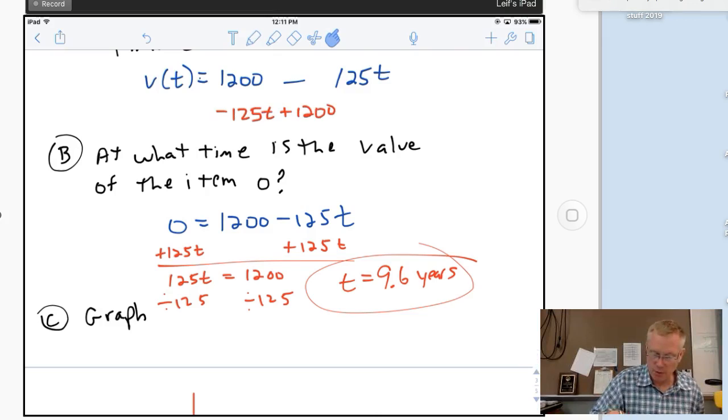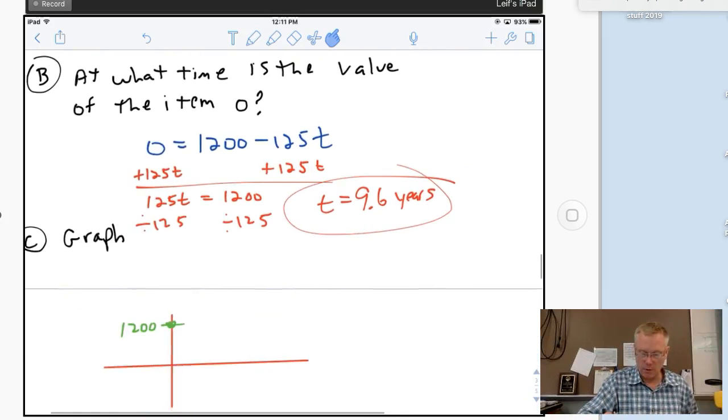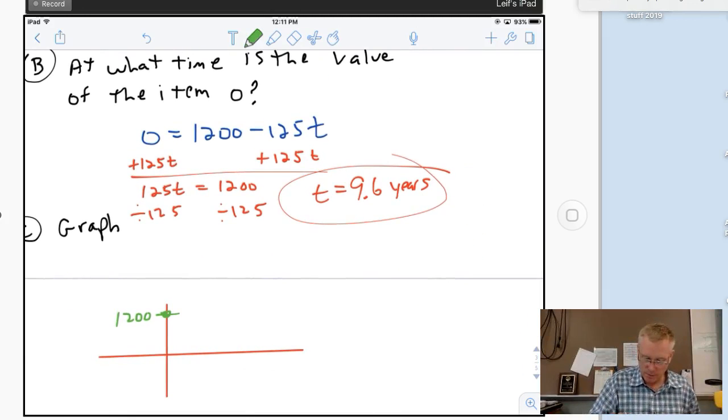Means the y-intercept is 1200. Put that right up here. See how perfect I'm going to be on this graph. Here's 1200. And the x-intercept will be what you get when you plug in 0 for y, which we already did, which is down here at 9.6. And there's my linear equation going right through there, right like that. Okay, there's your graph. All right.